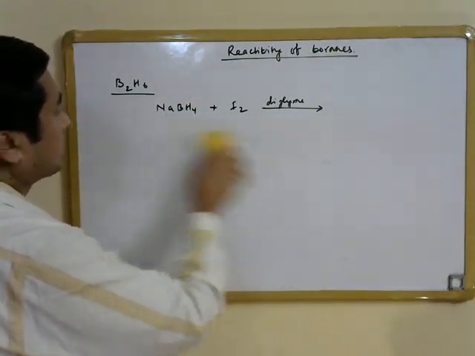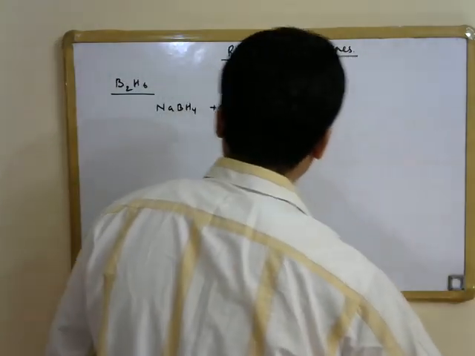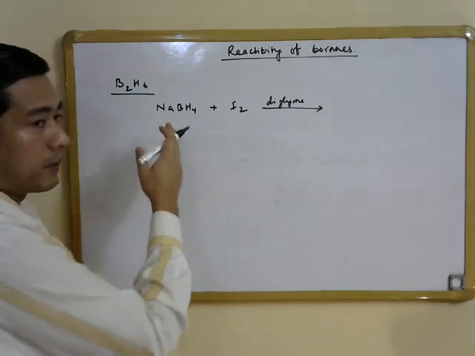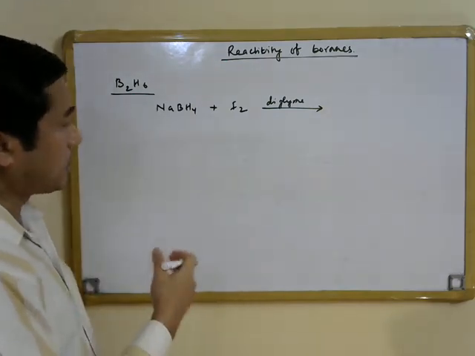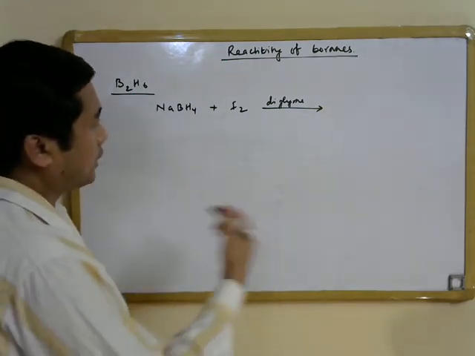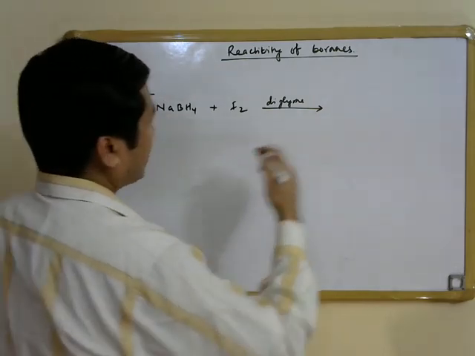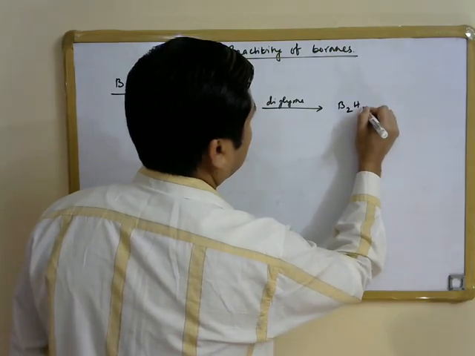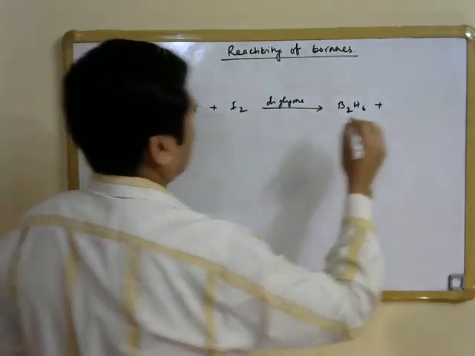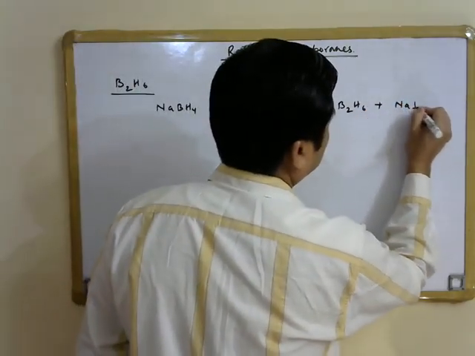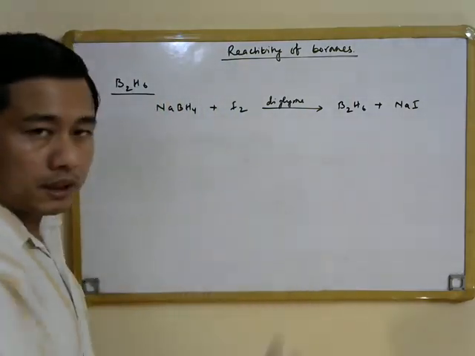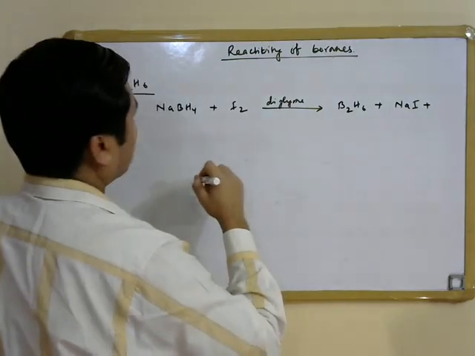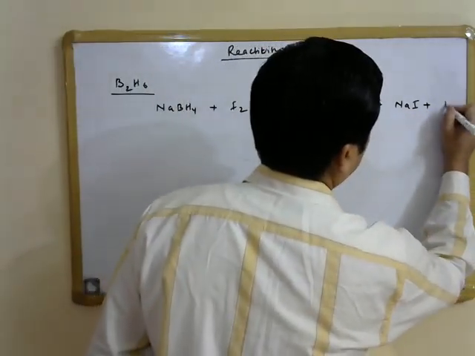When this reaction is carried out, NaBH4 reacts with I2. Essentially, NaBH4 reduces I2, and in the process B2H6 is formed, and sodium iodide is formed because iodine is reduced to iodide, and there is also evolution of H2.